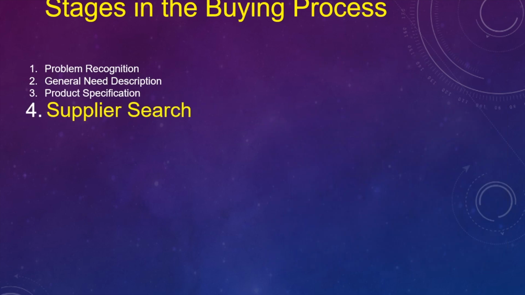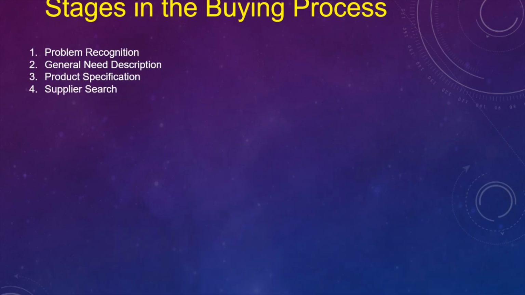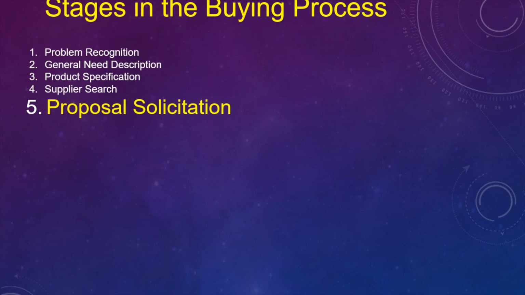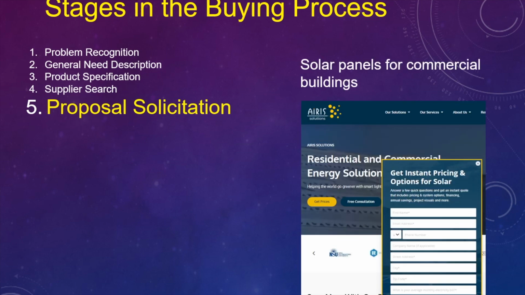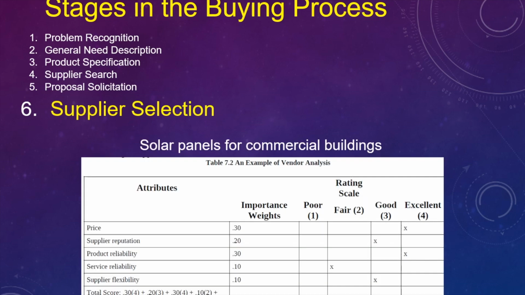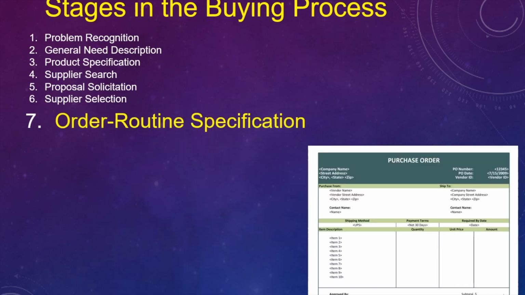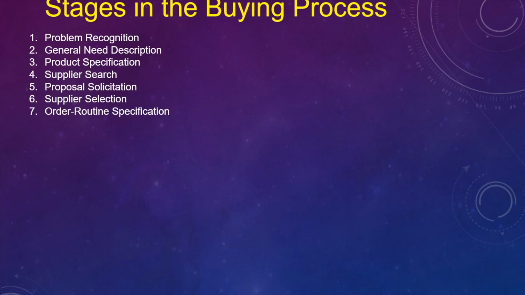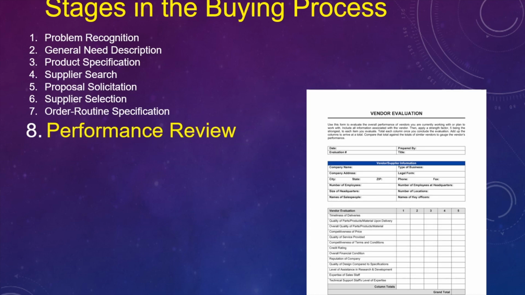Step 4 is supplier search. Step 5 is proposal solicitation by inviting qualified suppliers. Step 6 is supplier selection based on cost, quality, reliability, and service. Step 7 is negotiating the final order, quantity, and delivery. And step 8 is performance review.